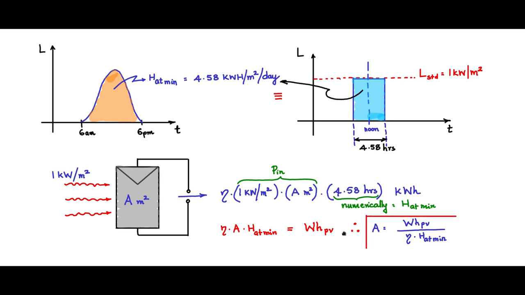Now this would be the design equation for sizing the photovoltaic panels for an application without battery, where WHPV is the application load requirement.